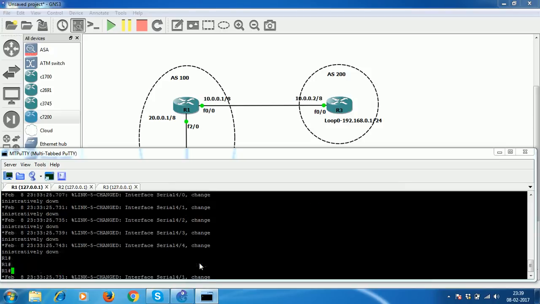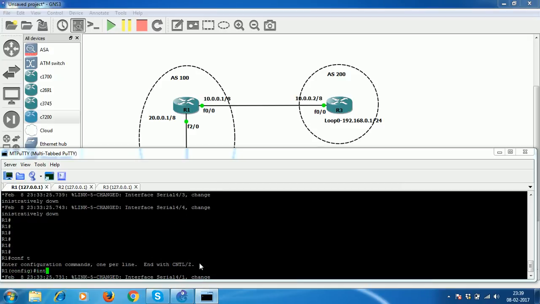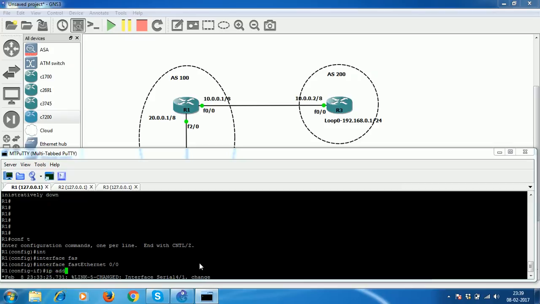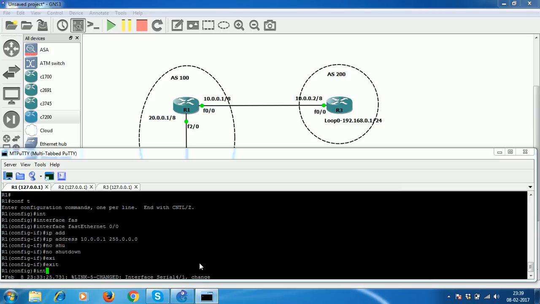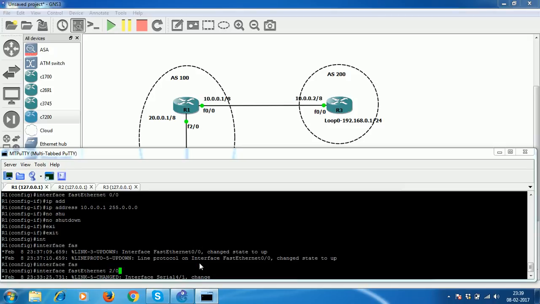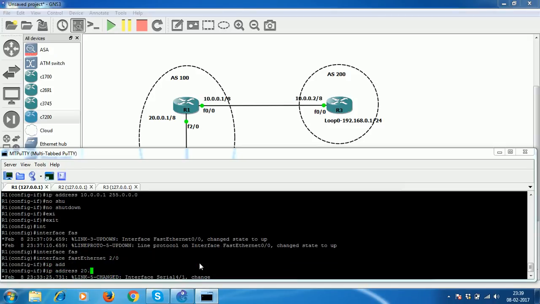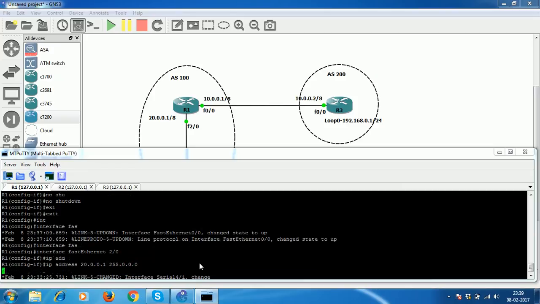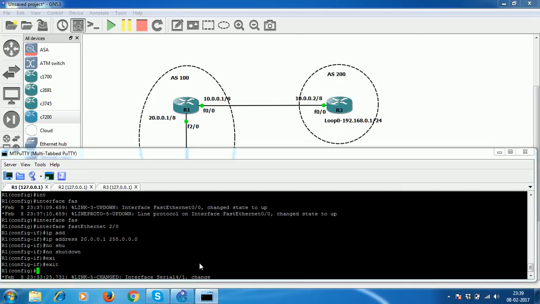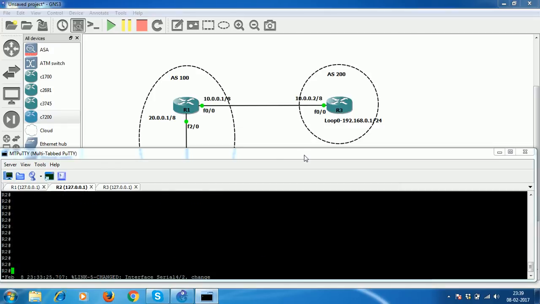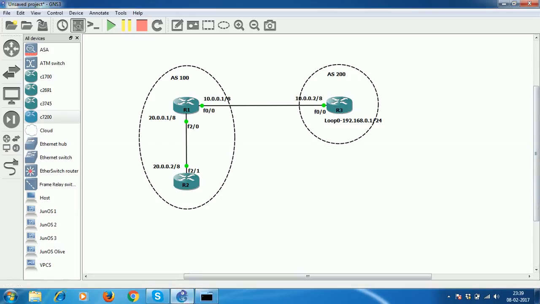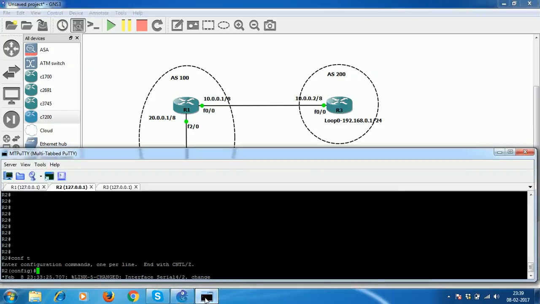So let's do the interface configuration on router 1. And one more interface, FastEthernet 2/0, IP address 20.0.0.1, 255.0.0.0, no shutdown. Exit. I have done router 1 also, and in router 2, the interface is 2/1 and the IP is 20.0.0.2.